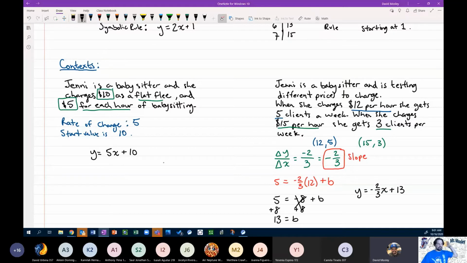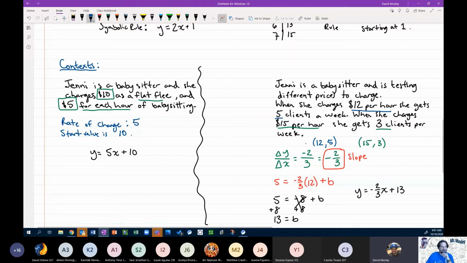Okay, so let's show some extra stuff here. I'm going to draw a little line here so that I can work on this one. We have these two coordinates.